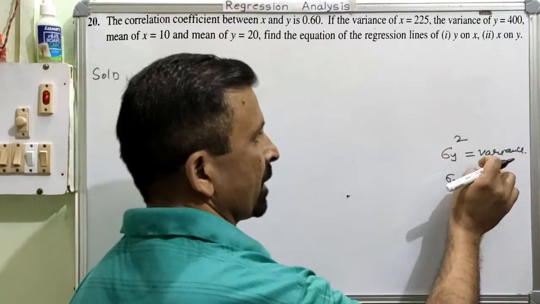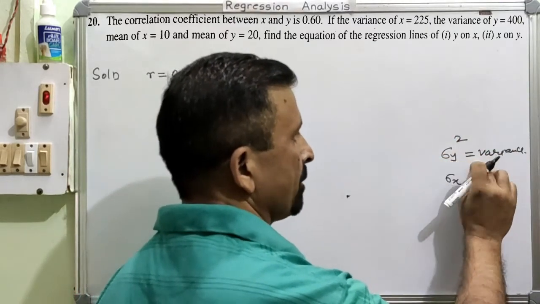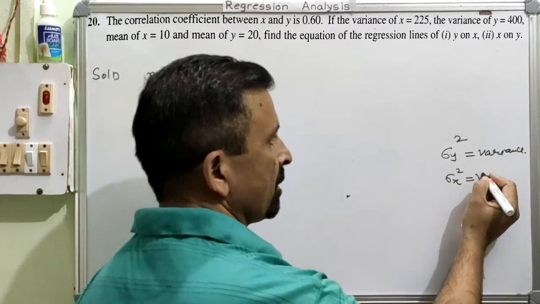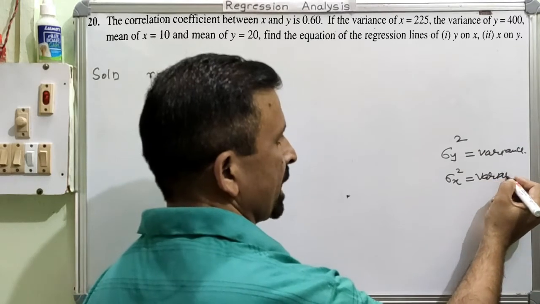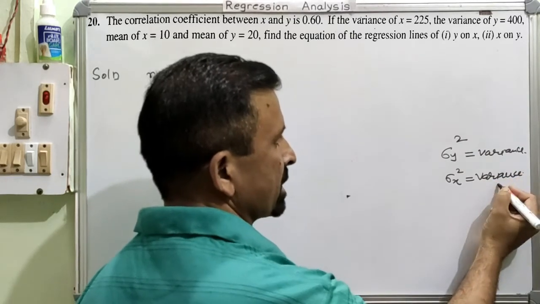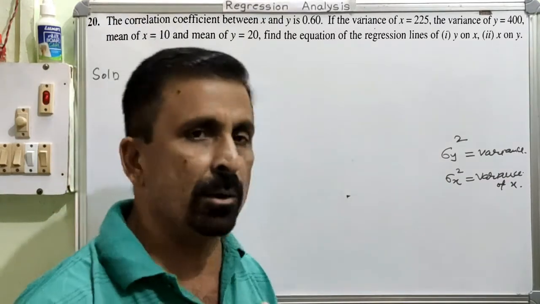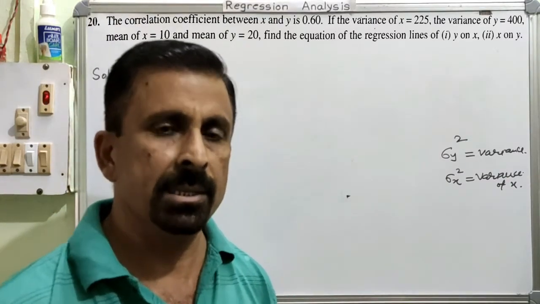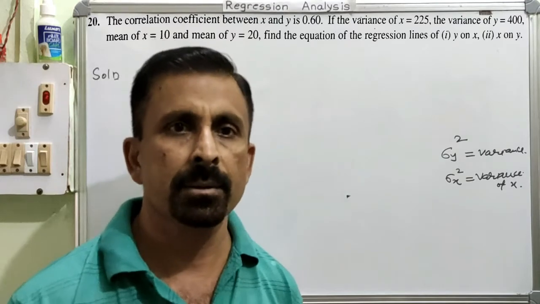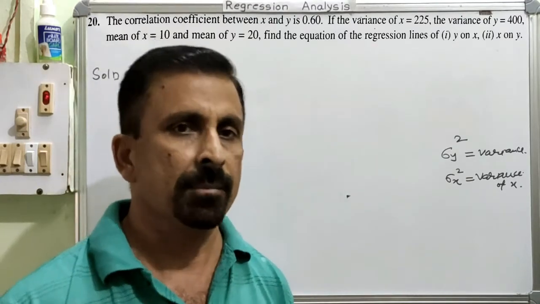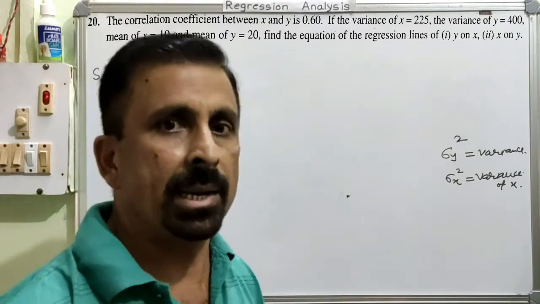So this is the variance of y, and similarly if I square this, it will be read as the variance of x. So variance is very close to the standard deviation. Standard deviation is sigma y or sigma x, and if we just square it, we get variance.